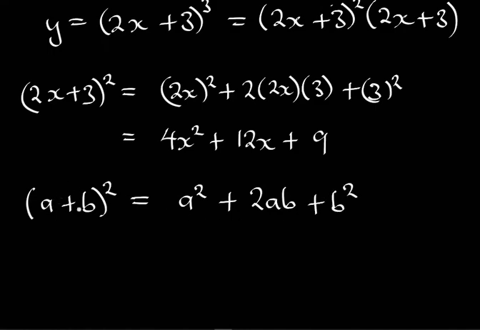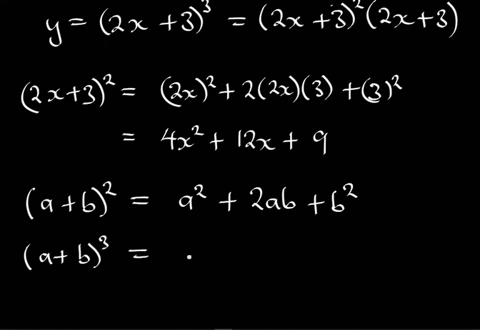Notice whenever you're picking a, pick it in brackets. A here is 2x, so I pick the 2x, put it in brackets, then square it. Then the a is the 2x, the b is the 3. Multiply it like that, and then I have my answer.